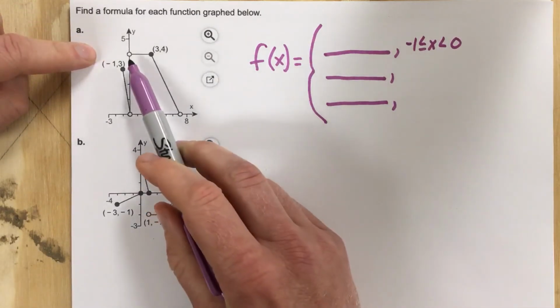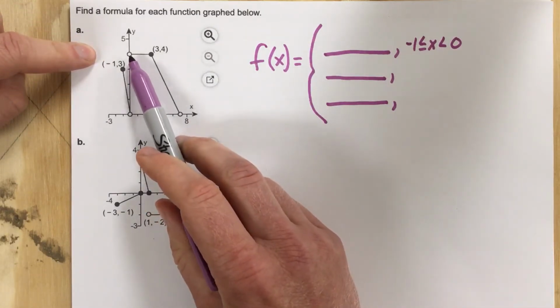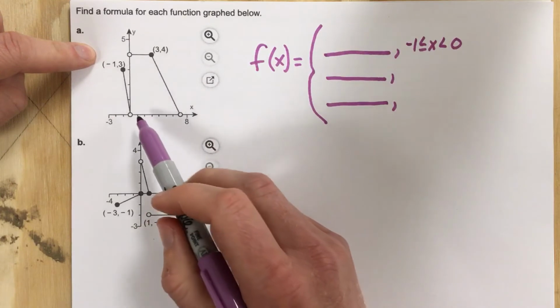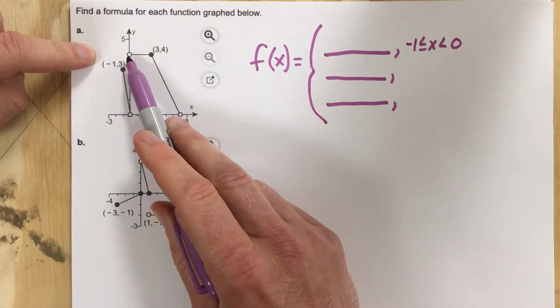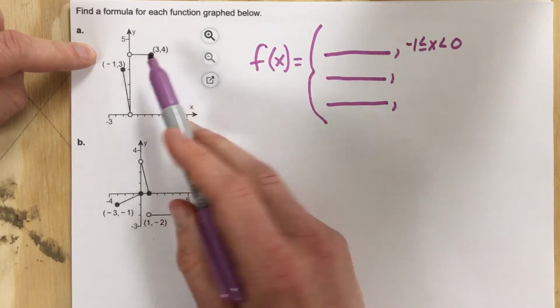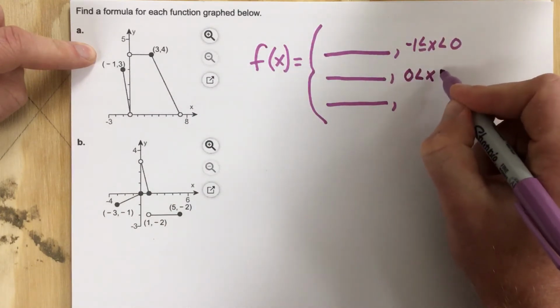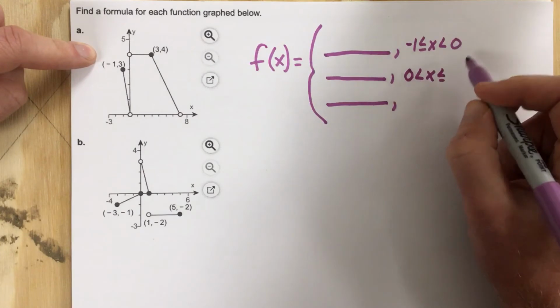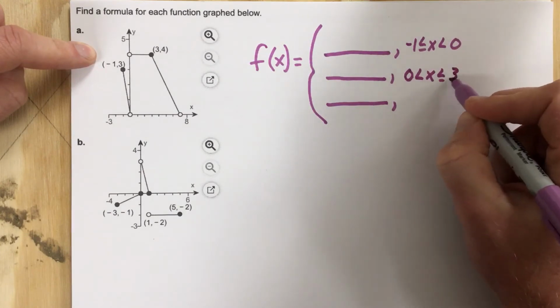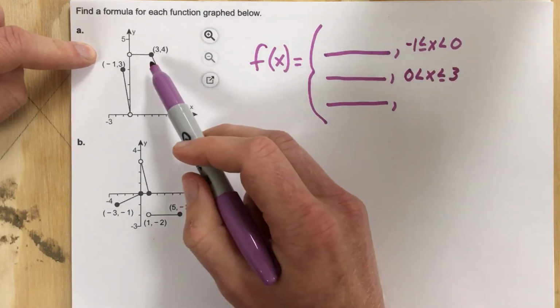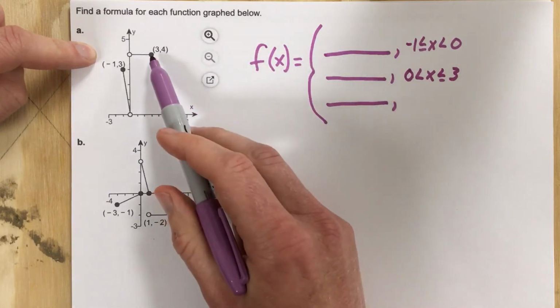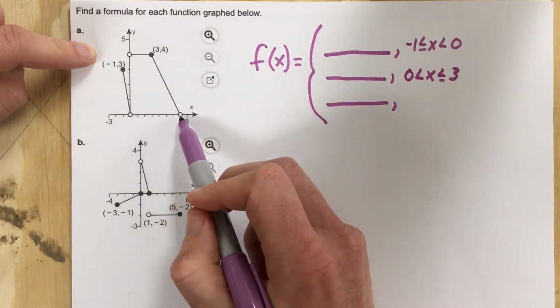For the second piece, it goes from 0 to 3, and 0 is not included, 3 is included. So we're going to say that 0 is less than x, which is less than or equal to 3. And then finally the last piece goes from 3 to 7.